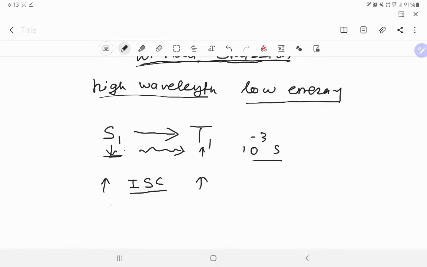It is the transfer of a particular molecule from an excited singlet state to an excited triplet state, maybe S2 to T2. And this requires quite some time, more time.